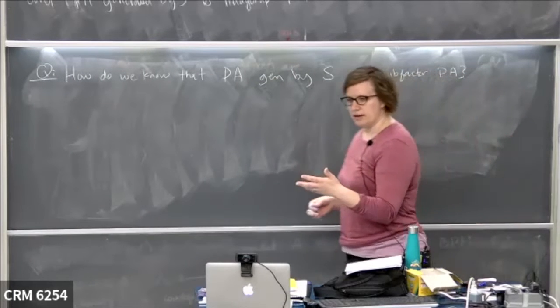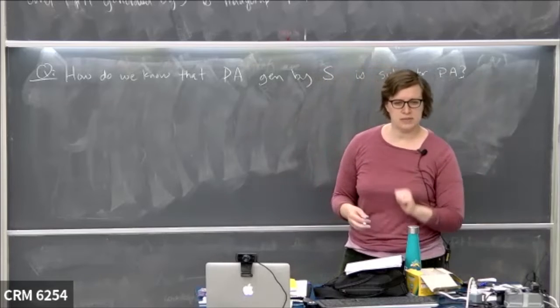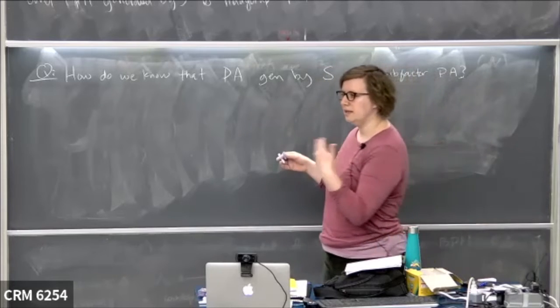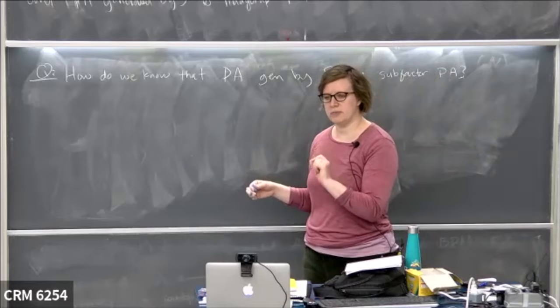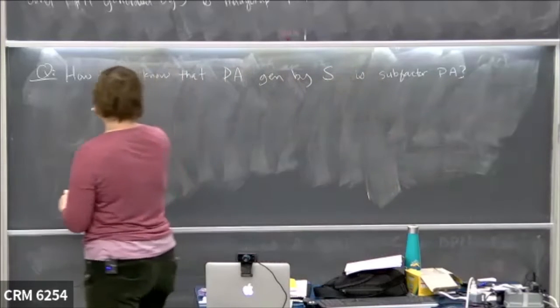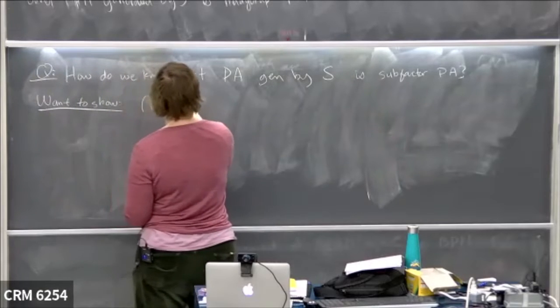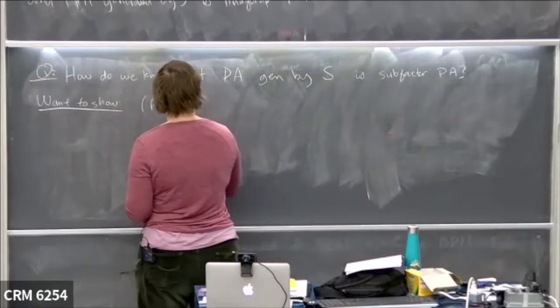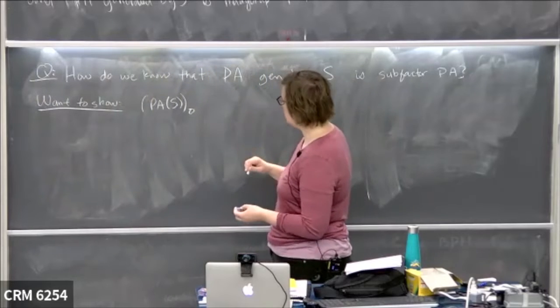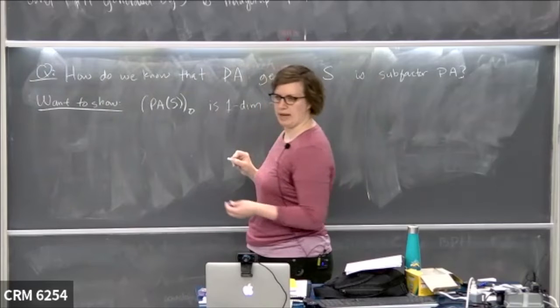So remember that the graph planar algebra had almost everything we needed. The one thing it was missing was this fact that the 0 space was too big. And so really the question here is that if we look at the planar algebra generated by S and the associated 0 space, that this is one-dimensional.